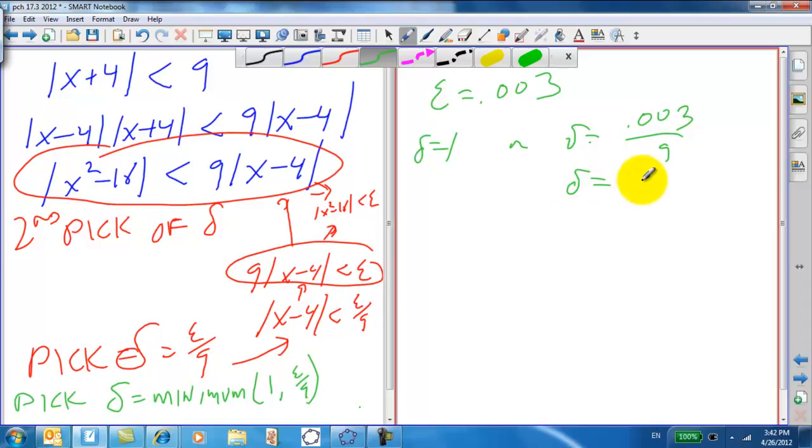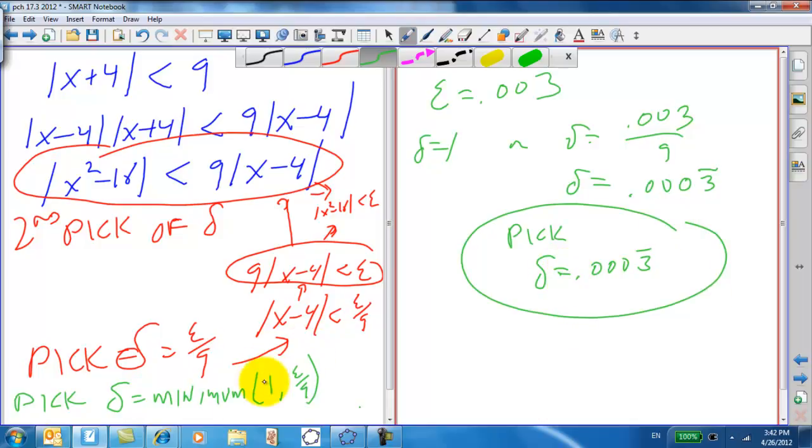That means delta would equal 0.003 divided by 9, which is basically a third, so it's 0.03, right? I better check that. 0.003 divided by 9. Yeah, I get 0.000333 repeating like that. So we'd pick the smaller of these two, so you pick delta to equal 0.000333 repeating.